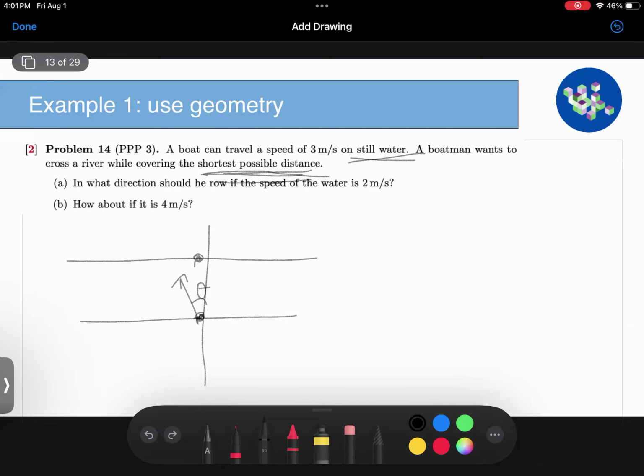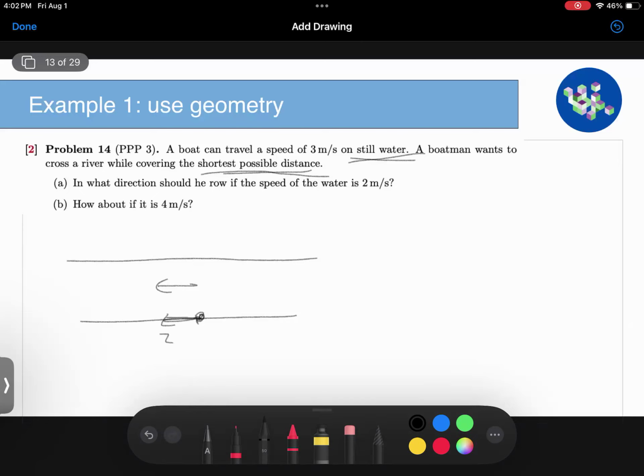Now in this case, part A isn't too bad because the boat travels at a speed that's faster than the speed of the water. So the water is traveling down the river, so it's in this direction. Let's say the water goes in this direction, so for example, I'll draw over here.